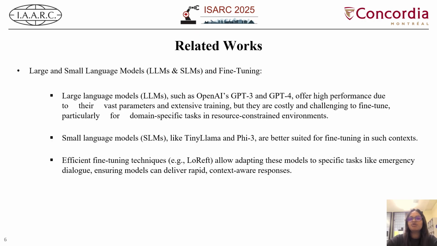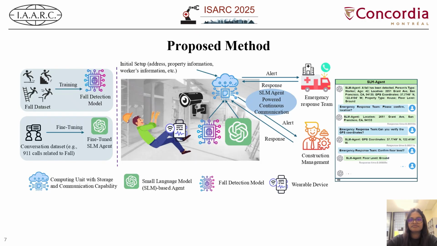On the other hand, small language models like TinyLlama and Phi-3 are far better suited for our needs. With efficient fine-tuning techniques such as LoRA, we can adapt these models to specialized tasks, ensuring they deliver fast, context-aware responses even on limited devices.